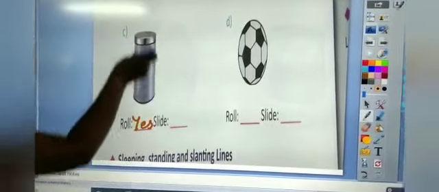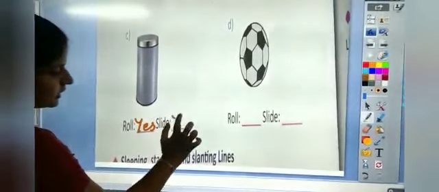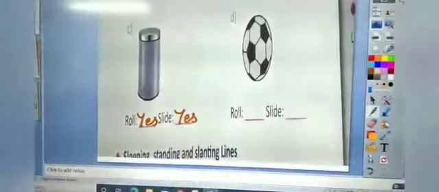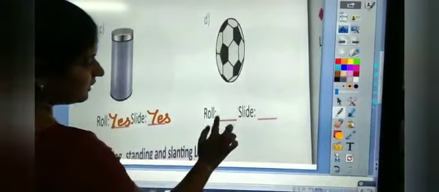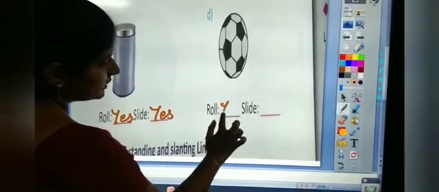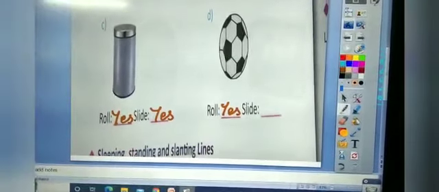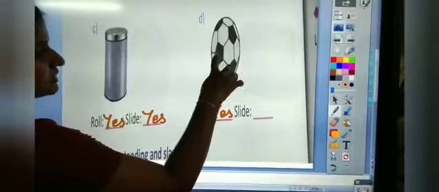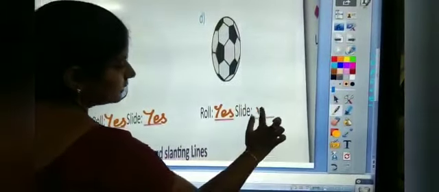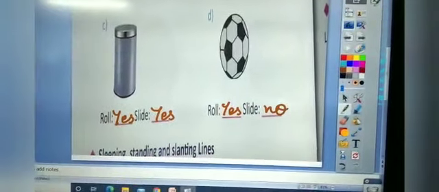This is considered a slide. So that is also yes. And the last one is a sphere shape. In this sphere, we can roll easily. For this purpose we have to write yes, and there are no slides in this ball. For that purpose, we have to write no.